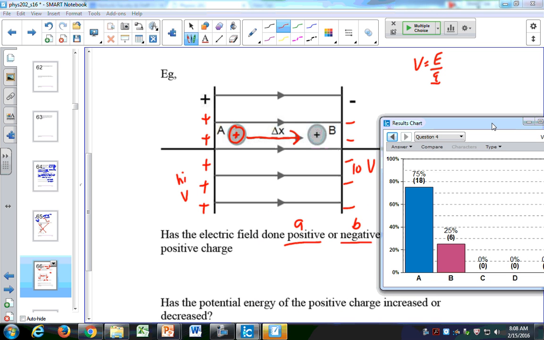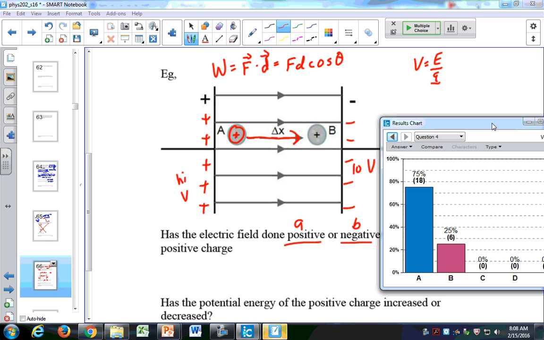All right, so remember, y'all, that our work is equal to the dot product F dot d. So in order for us to have positive work, F and d have to be in the same direction. Remember, because our dot product is going to be F d cosine theta. In order for this term to be positive 1, theta has to be 0. That means that the two vectors have to be in the same direction.